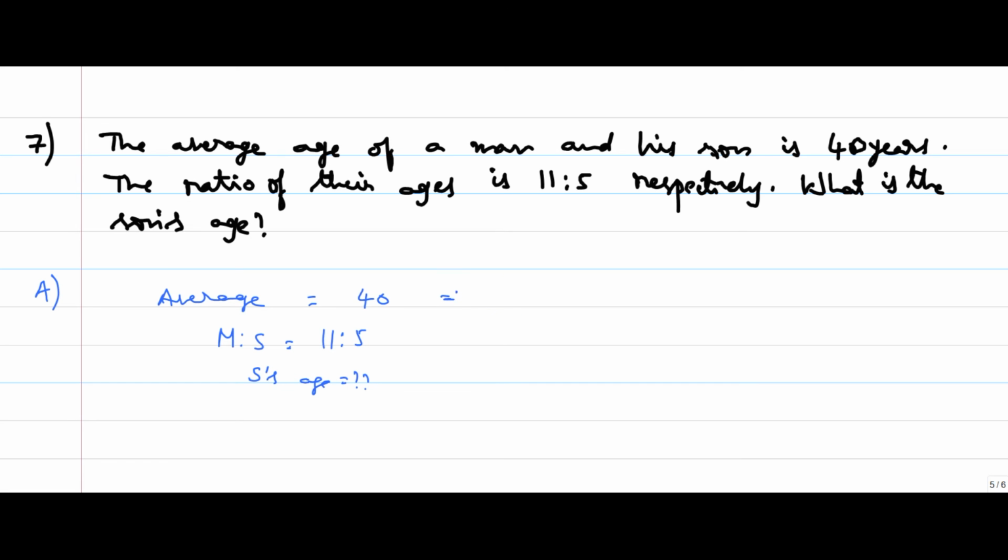It's very simple. With this ratio I can take x: 11x is for man and 5x is for son.